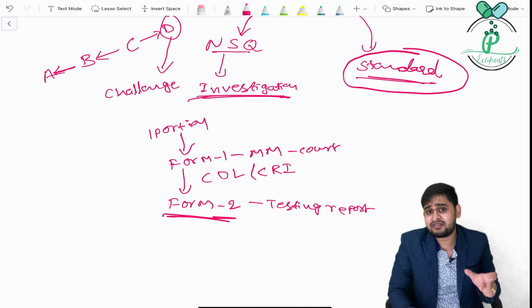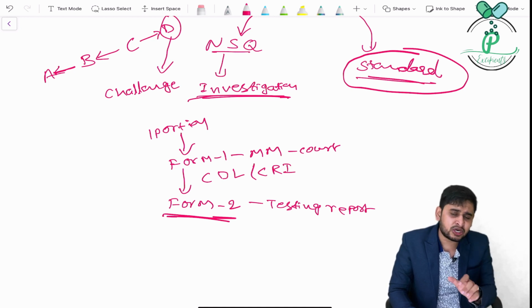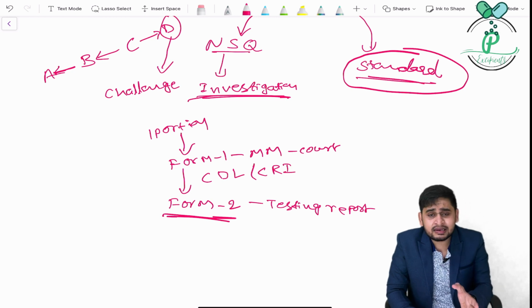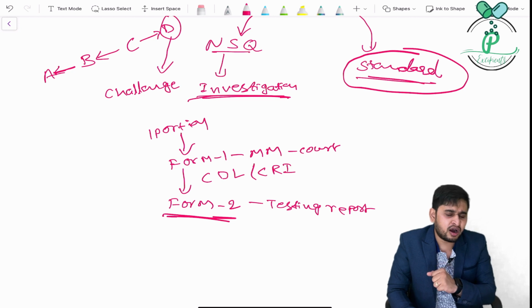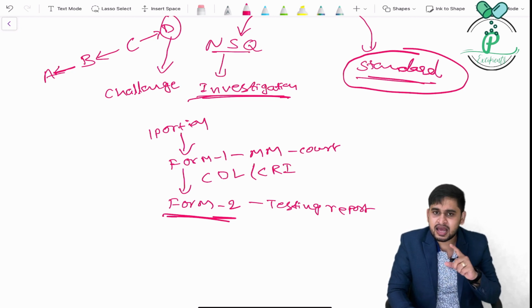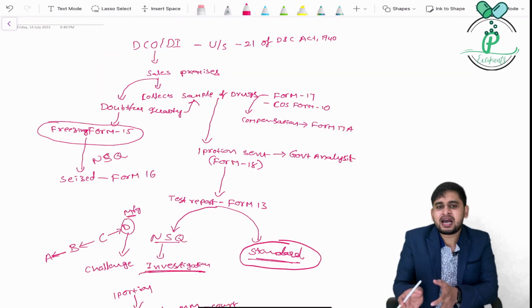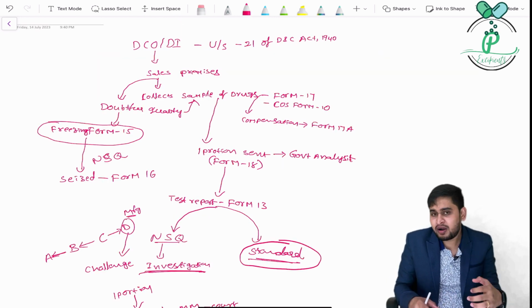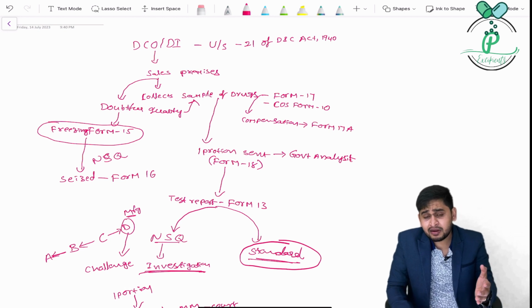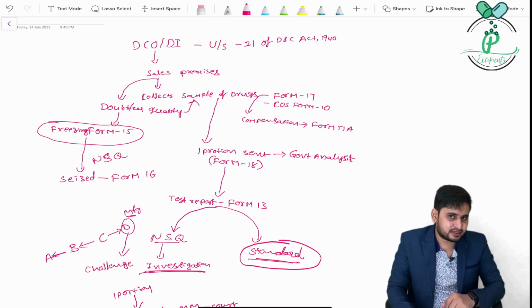And if Form 2 is reported as not of standard quality, in that case the concerned state or the honorable court of law will take action against that particular manufacturer. The license may be cancelled, or the manufacturer may be convicted as per the procedure, right? Hope you have learned these forms and the working flow of the drug inspector.